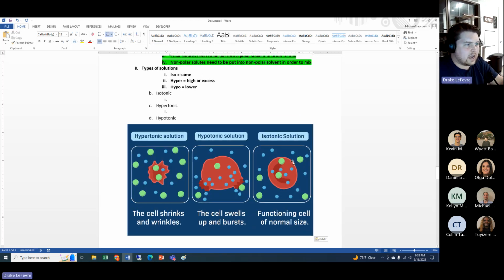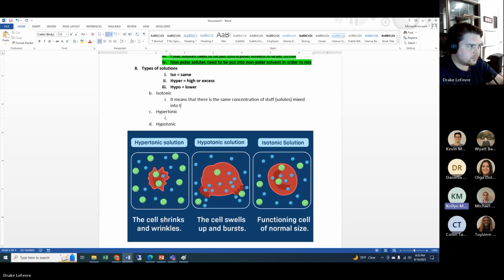Okay, we'll start with the isotonic solution. Within an isotonic solution, there is the same concentration of stuff, those solutes, mixed into the solvent outside of a cell as there is inside of a cell.